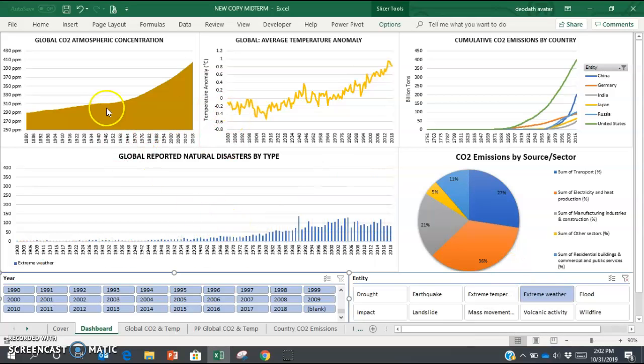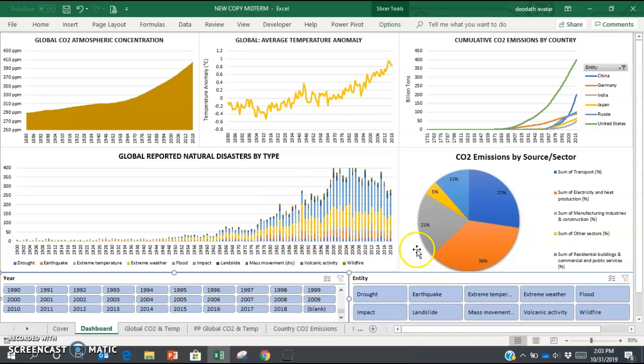As you can see, there's also an increasing relationship in this chart. From, I would say, the 1950s, the amount of extreme weather has increased pretty significantly. And again, note that there is a relationship between these three charts.